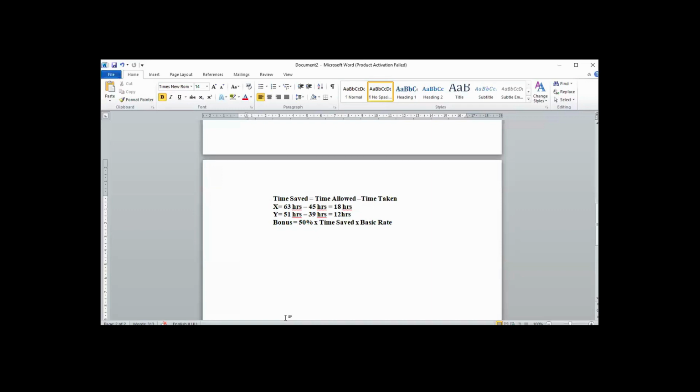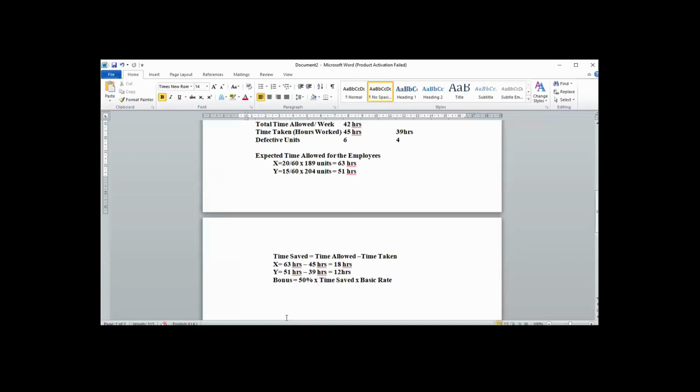If you are given hours, we just multiply that hour times quantity to know the total hours such an employee has used to complete the assignment. After that, you compare that time with the time the employee has taken.